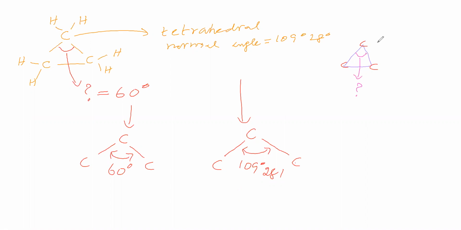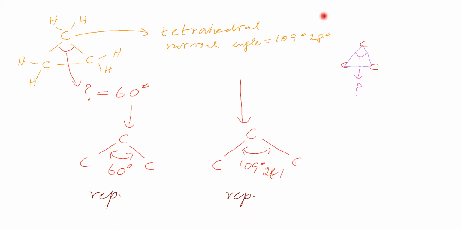Now, how will the extent of repulsion be in these two cases? What is the magnitude of repulsion between these two bonds when the angle is this much? It is the normal expectation. What is the repulsion between these two bonds when the angle is this much as per the experimental, the experimental bond angle?